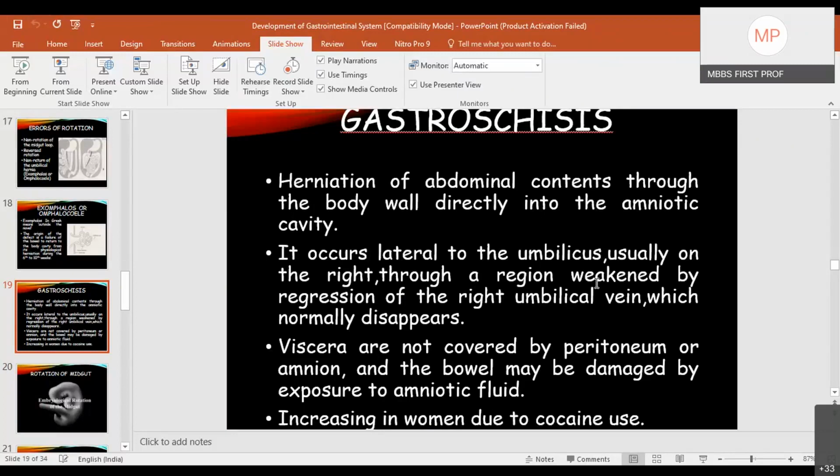Right umbilical vein जो है usually disappear हो जाती है ना, उसकी जो एक weakening होती है, वहां से herniation हो जाता है abdominal contents से, और they are not covered by peritoneum or amnion. So जब ये covered नहीं होते हैं, तो bowel loops they may get exposed to amniotic fluid, and this is increasing in women due to the use of cocaine.